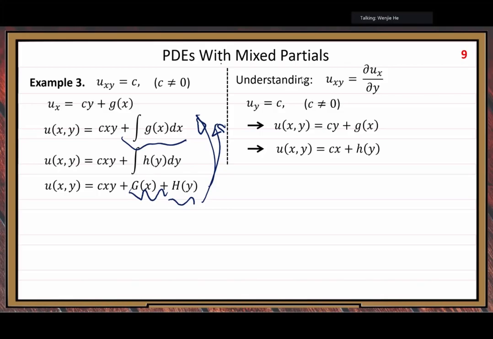But here, constant may involve some variables, but variables we treat as parameters. When we call them parameters, we do not treat them as variables, right? That's the part you need to be very careful about when you work on partial derivatives.